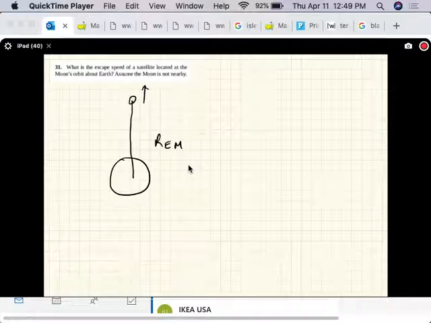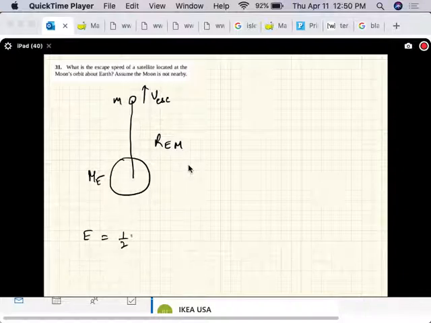Now, when an object escapes, what you want is for it to go to infinity and come to rest. And if it's at infinity and at rest, it has no kinetic energy and no potential energy. So its total energy needs to be 0. So at this point, the escape velocity, we'll call it v, and the satellite mass m. This is Earth.